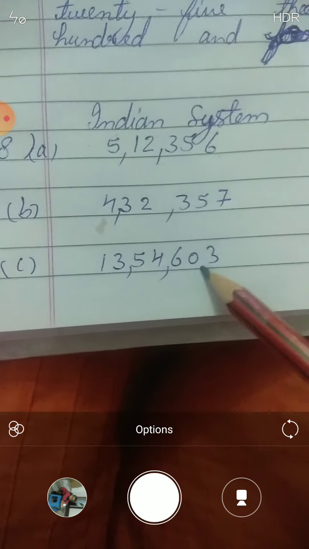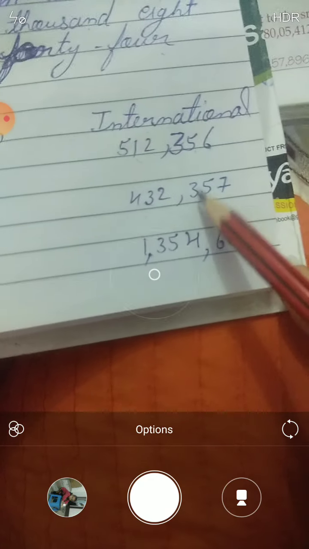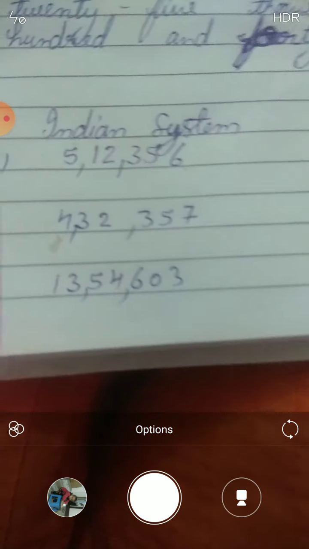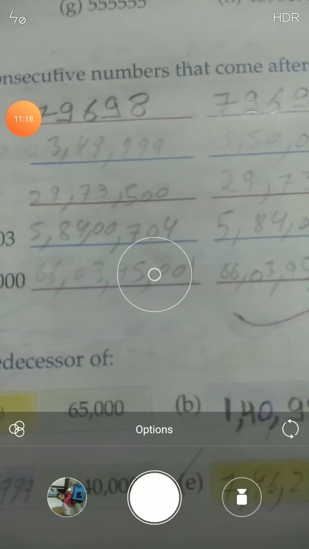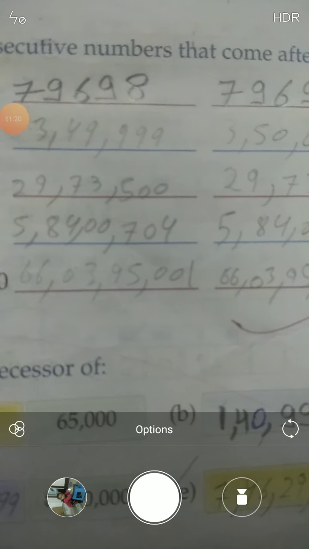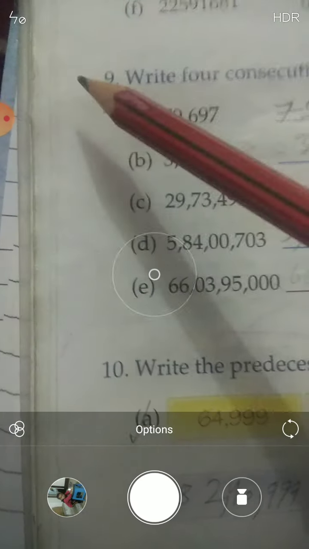Rest of the part, you have to do yourself. Questions 5, 6, 7, 8 you will do in your notebook, and for question number 9, space is there, so from 9 to 11 you will do in your book.